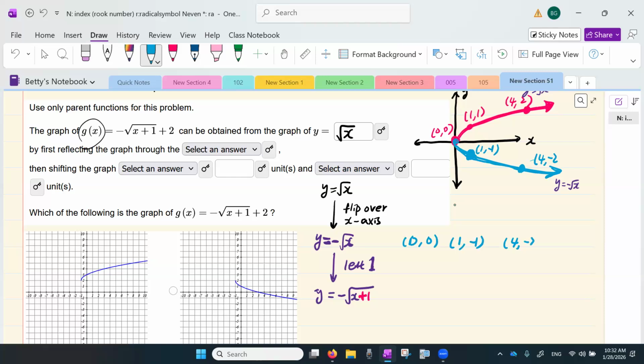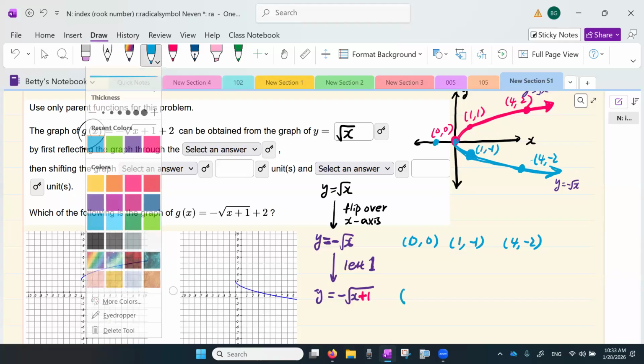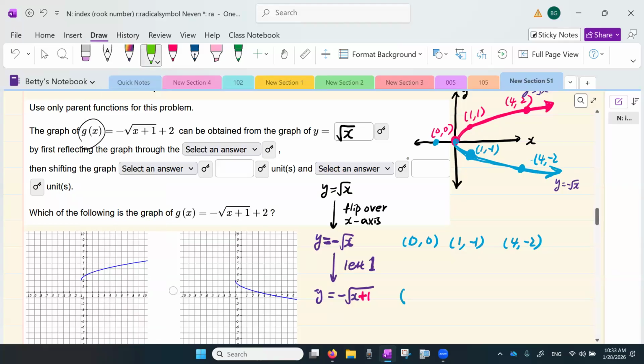We have 4, negative 2. If we move all the 3 points, they are representatives, right? To the left 1 unit, their x values gonna be 1 unit less, right? So the 0, 0 gonna become negative 1, 0, right? Negative 1, 0. And this point is gonna shift to 0, negative 1.